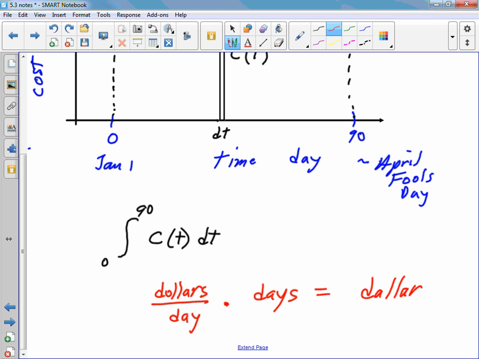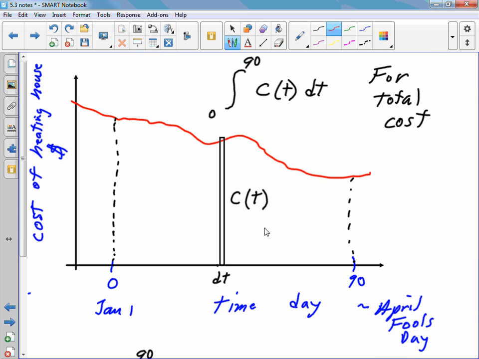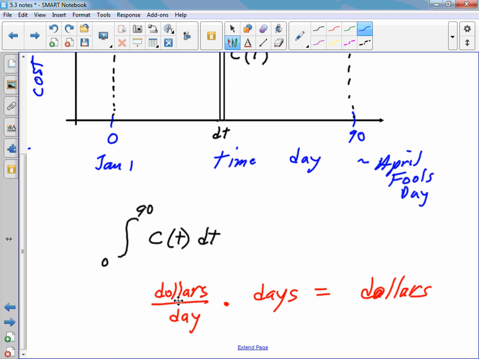And I think I goofed that up a little bit because this out here would be dollars per day. I think I didn't include that. This would be dollars per day. Yes. And then we would go dollars per day times days. And units are really important here to help you keep this straight. Those divide out and you get dollars. And that's what we wanted because it's cost. Okay? So that's pretty cool.